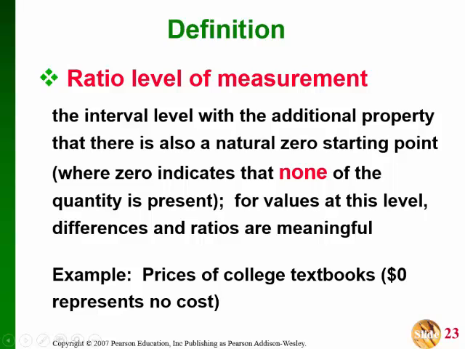Yeah, it shares the same characteristics as ordinal and interval, but this one has an added feature that 0 means nothing. So the year 0 doesn't mean nothing, right, in our example for interval.